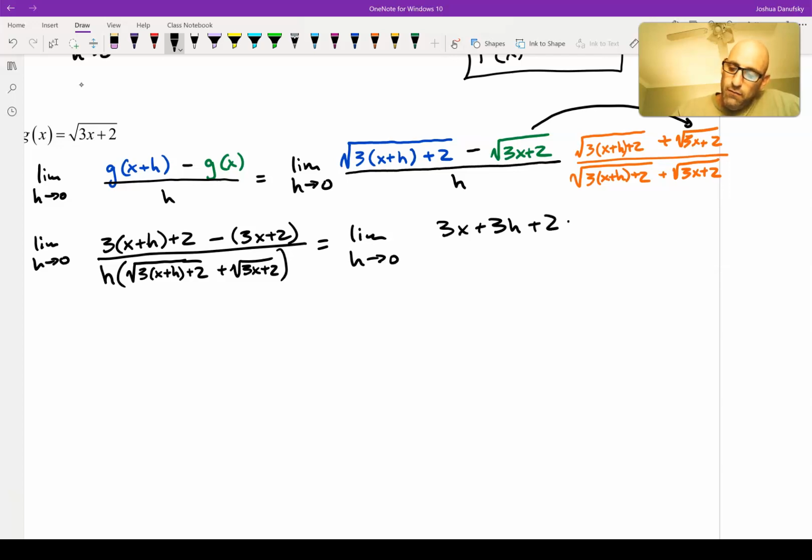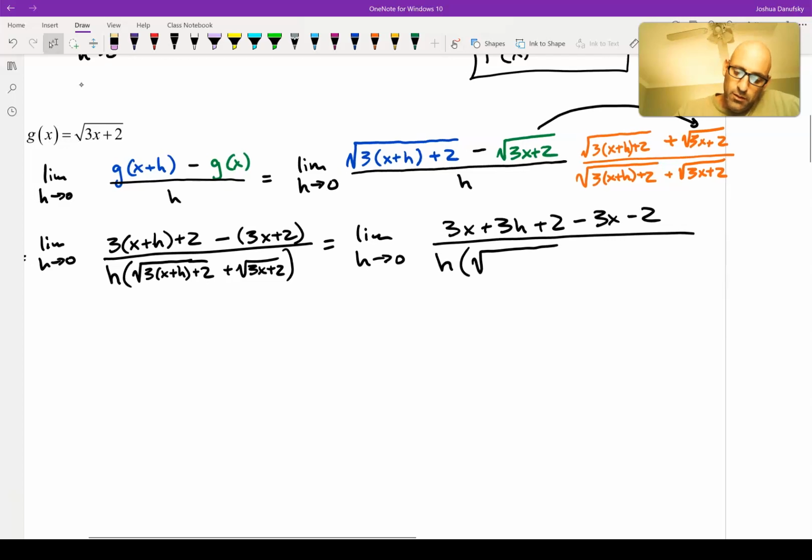Distributing the negative, 3x minus 2, all over h on the bottom. And of course, I'm going to distribute this guy right here. We get the square root of 3x plus 3h plus 2 plus the square root of 3x plus 2. Notice, tons of algebra, not really much calculus happening.